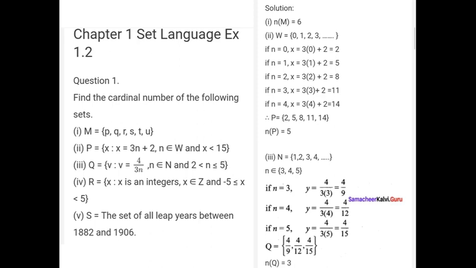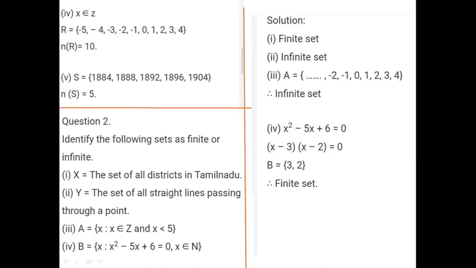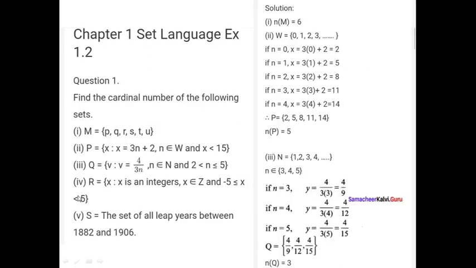Minus 5, minus 4, minus 3, minus 2, minus 1, 0, 1, 2, 3, 4. We should not include 5 because they have given it is less than 5. So the values are minus 5 to 4.